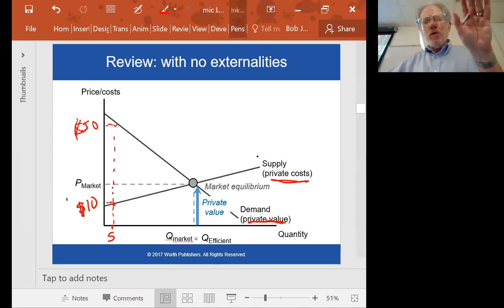So in a free market with no externalities, market forces are going to push us to the equilibrium where quantity supplied equals quantity demanded, and that's a good thing.